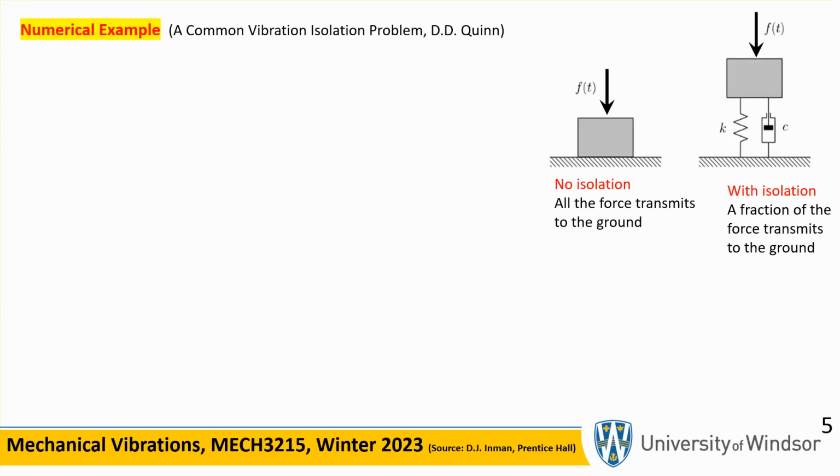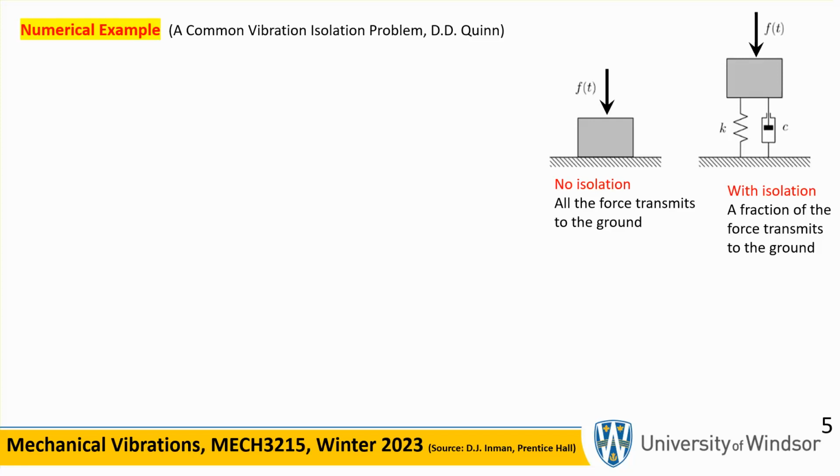In other words, the base, the foundation, the ground will actually see F of t. However, from an everyday point of view, you know that if you put this mass on a soft cushion, for example, less force is going to get transmitted, right?